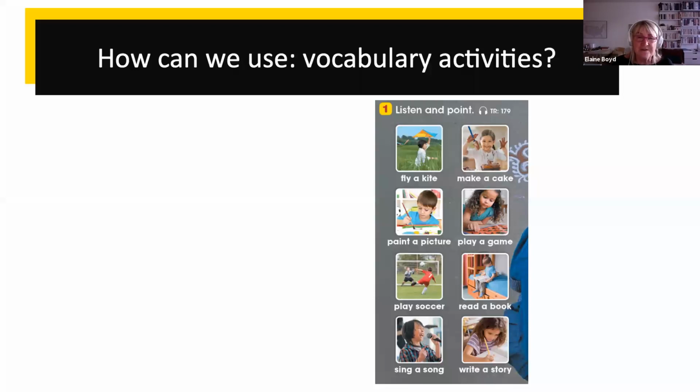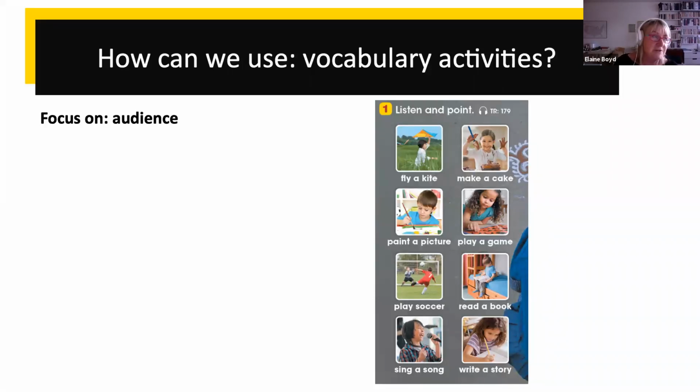Anyway, to look at the examples, I'm going to start with level 1 and just go up the levels, but these activities are not tied to a level. It's just to give you a mix of ideas so that you can hopefully adapt for yourself. So now the first one here is this little shot you can see of listen and point. That's a vocabulary exercise to teach them those phrases.